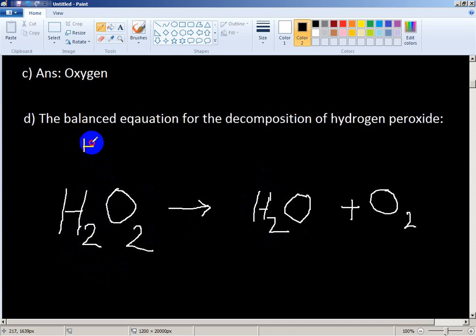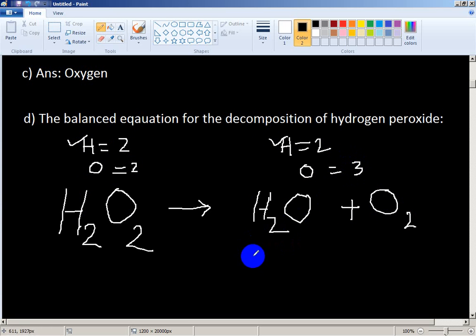Left hand side hydrogen is 2, right hand side hydrogen is 2. So hydrogen is equal. Left hand side oxygen is 2 atoms. Here oxygen is 1 and here 2. Total oxygen is 3.